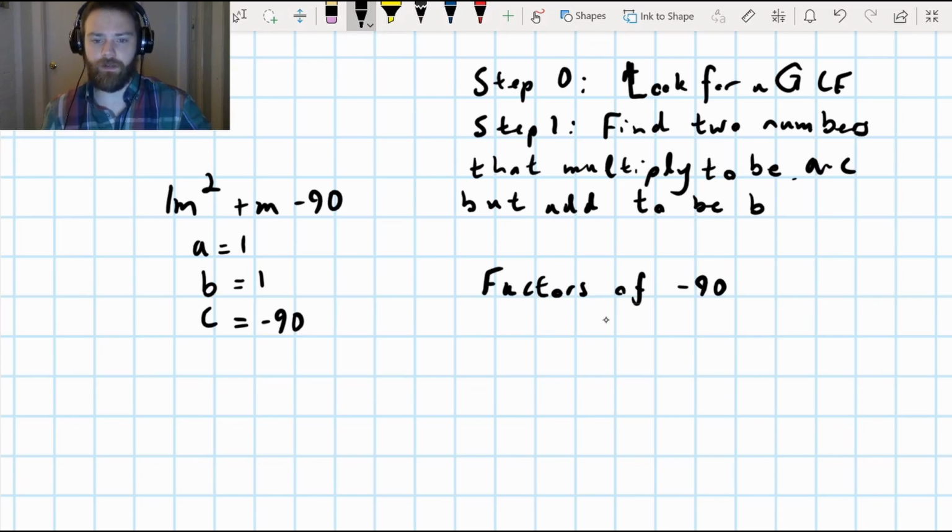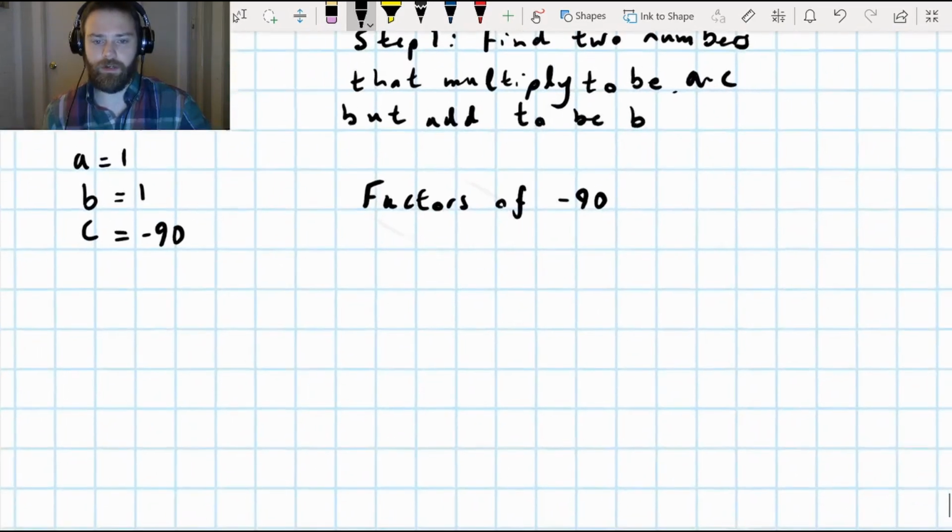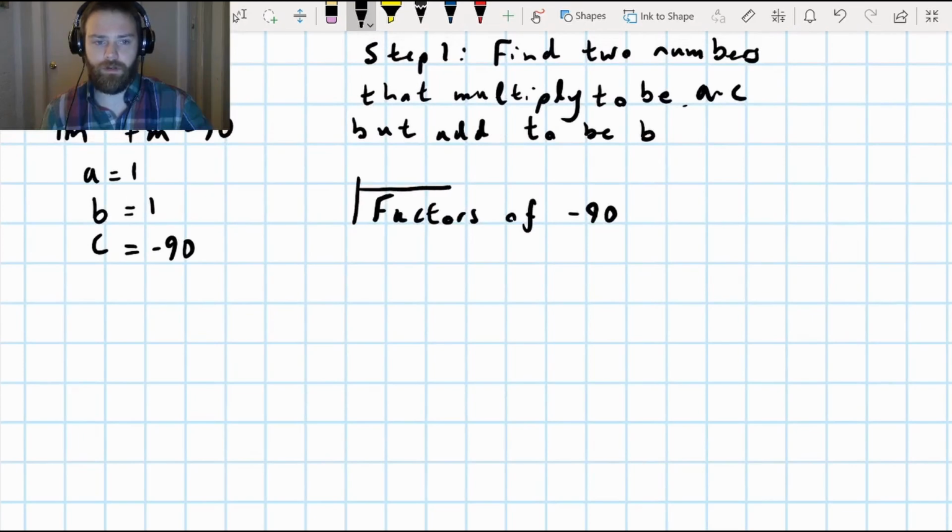So I can kind of look through here, and some of those factors would be, well, I could do negative 3 and positive 30. That would work. And since this value is negative, I can do negative positive and then positive negative.